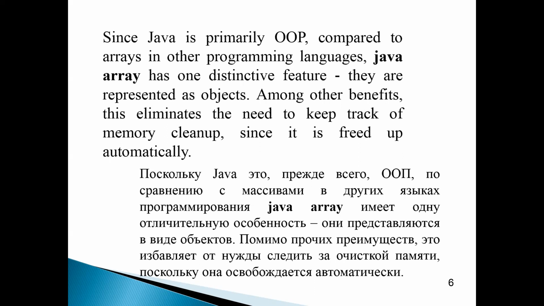Since Java is primarily object-oriented programming, OOP, it is an abbreviation, compared to arrays in other programming languages, a Java array has one distinctive feature.